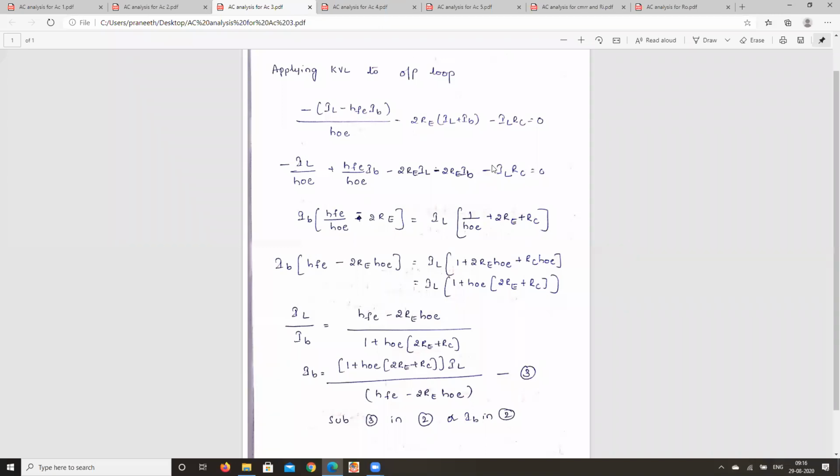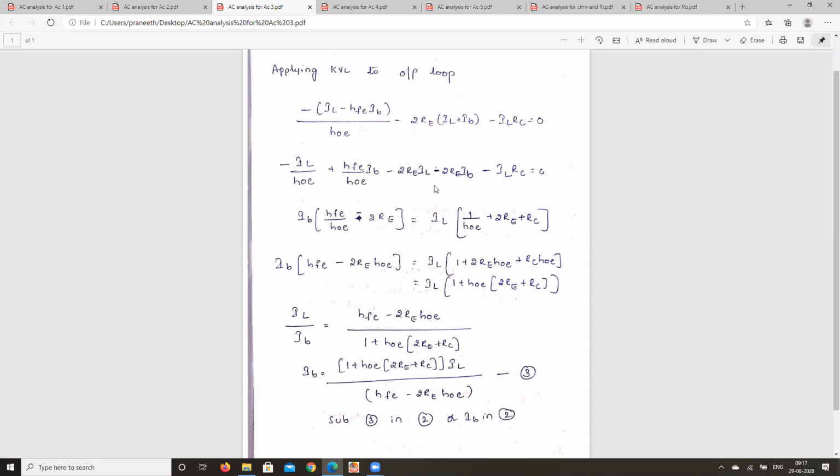What I have done is extract the IB and IL terms on both sides. I got the IB terms on one side and the IL terms on the other side by making them common.